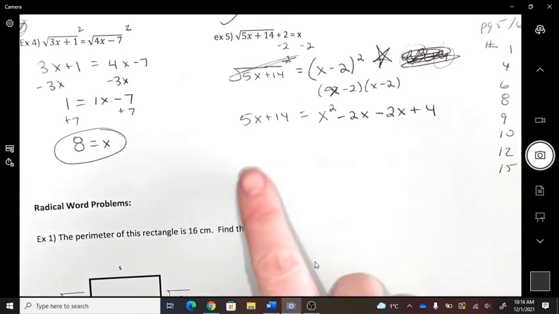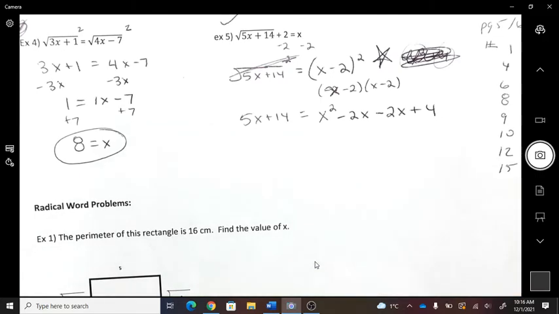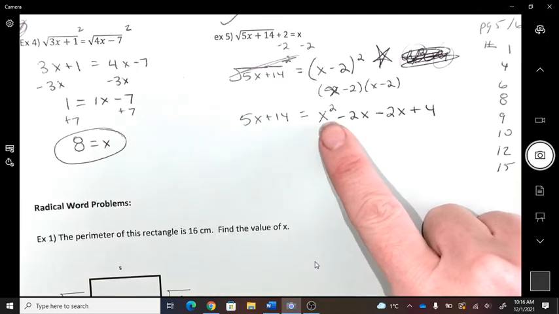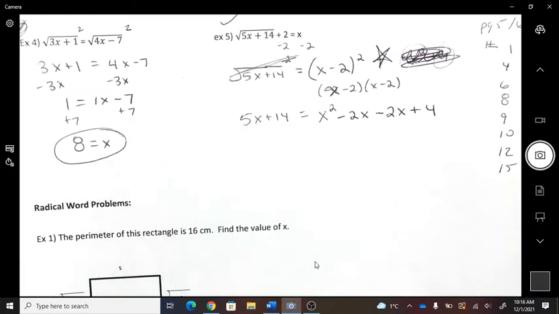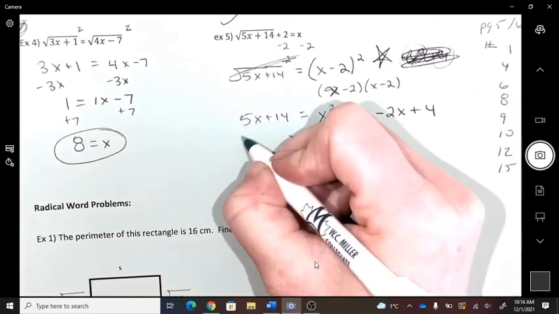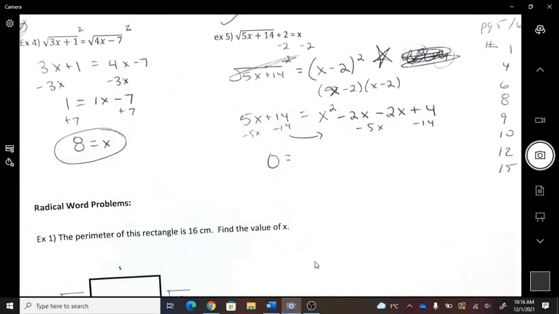Okay, when you see an equation like this, remember your algebra branch. What's happening? I have x squareds and I have x's. So what's my instant first step? I need a 0, so I'm going to move everything that way. I'm going to have to subtract a 5x and subtract a 14.